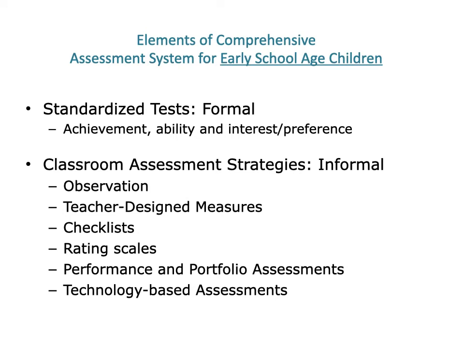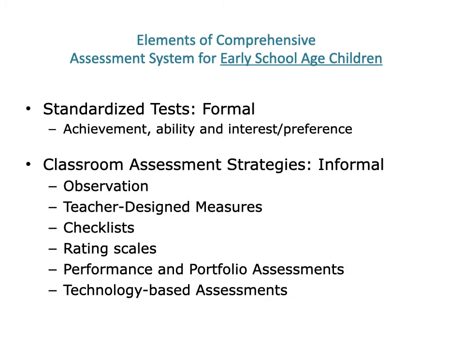Here are more strategies you can use in your classroom for preschool and primary graders. Standardized tests in the classroom can include achievement tests, ability tests, and interest tests. This is formal assessment. We'll talk about this and practice this throughout the semester.